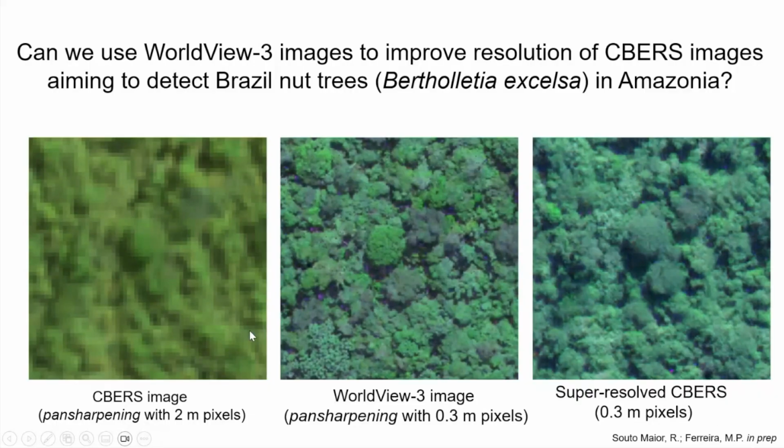We can see the original CBERS image and the WorldView 3 counterpart. And here is a super resolved CBERS image in which we improved the resolution of the CBERS image using the WorldView 3 image as a reference.